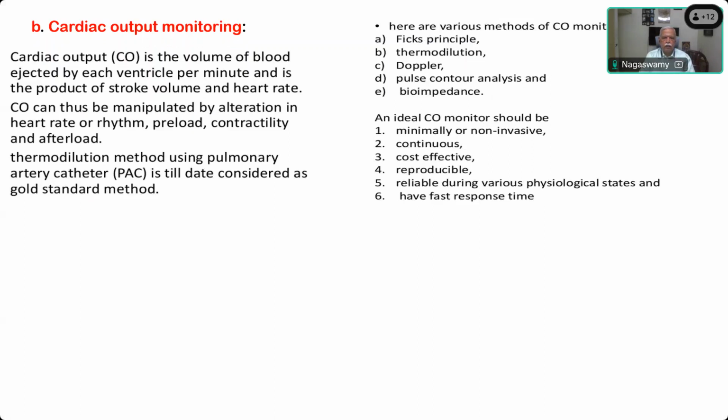It should be minimally or non-invasive, because once the pulmonary artery catheter was introduced, it was thought of as a panacea for all cardiac ailments. But later on, when the complications of pulmonary artery catheter were occurring quite frequently, they said we should avoid PAC as much as possible and go for mostly non-invasive methods.